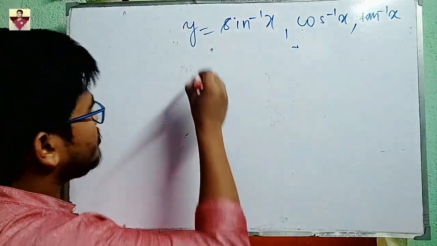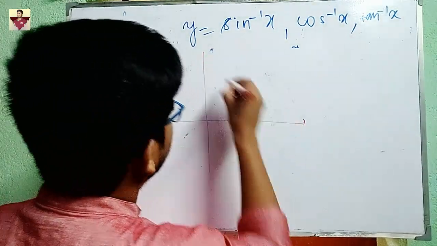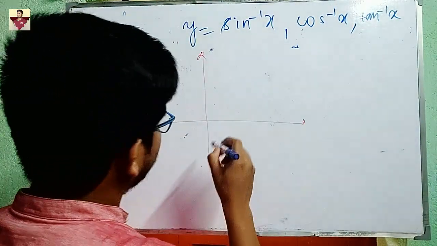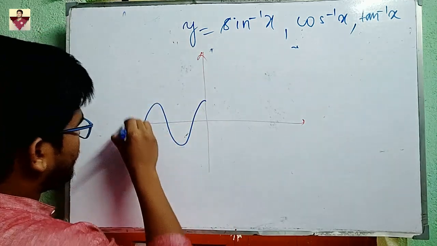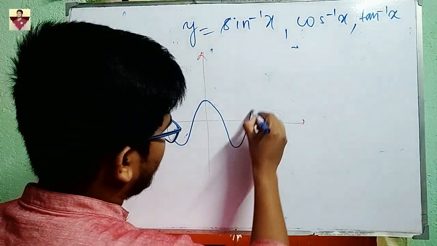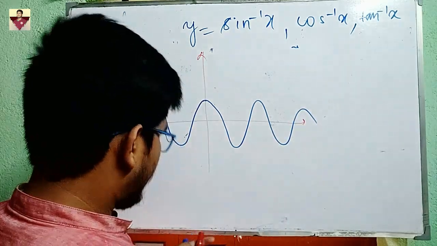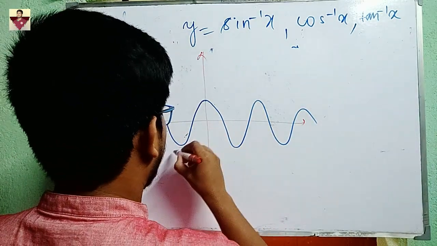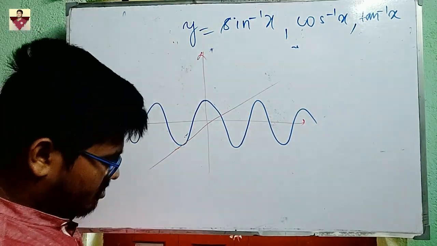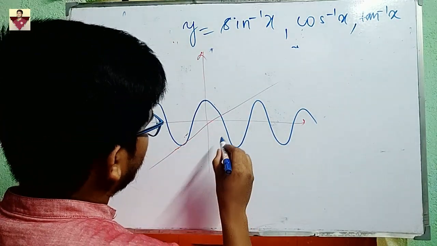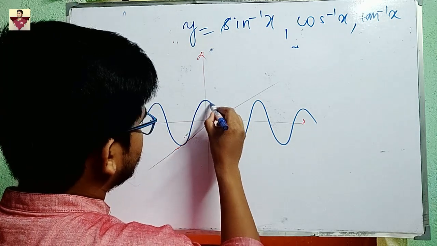Cos inverse x, you can also easily plot that. The cos x graph looks like this, so it oscillates between +1 and -1. Now if you have the y equal to x axis, say about this, then your cos inverse x graph will look like this.